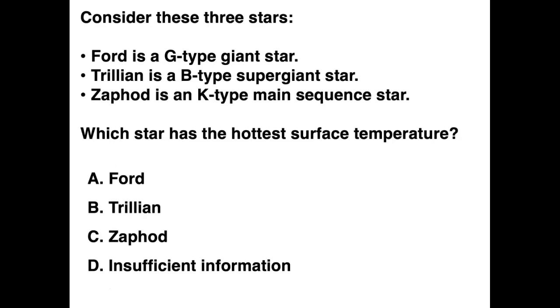The letter, the spectral type, will tell you the temperature. So which of those is the hotter surface temperature, G, B, or K? B is. B is the hotter, bluer spectral type. So which one is the hottest surface temperature? Good.